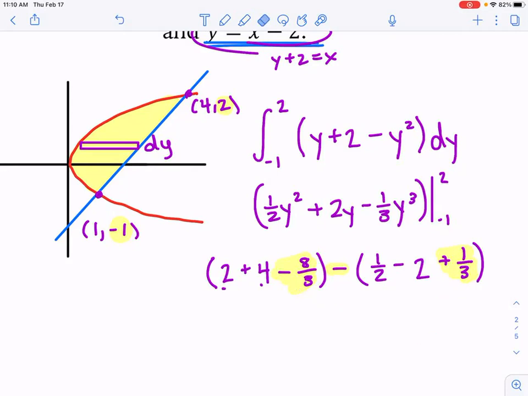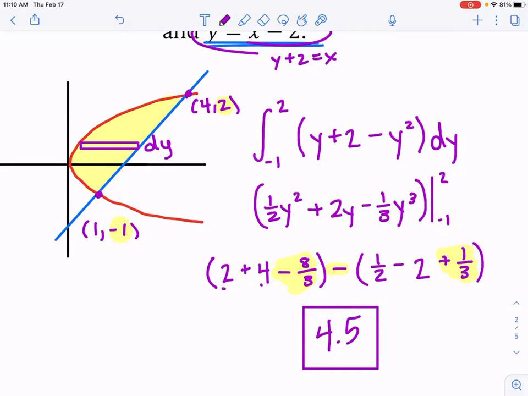Okay, so we have 4.5. Whoa. Totally what we got yesterday, right? Should we get the same answer? Yes. Yep, same area.